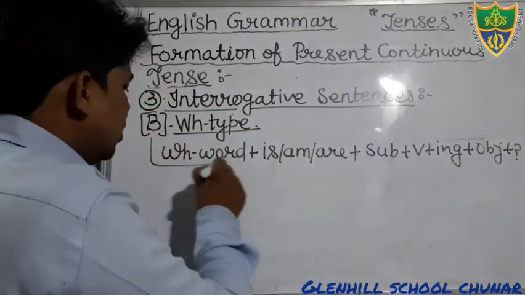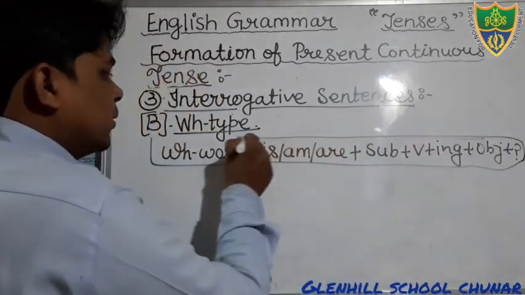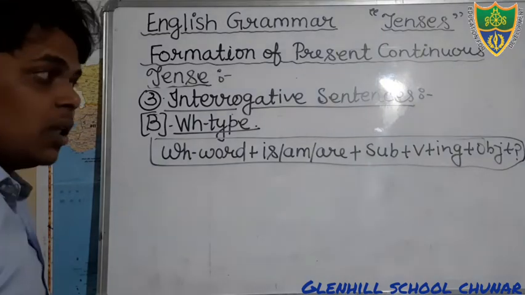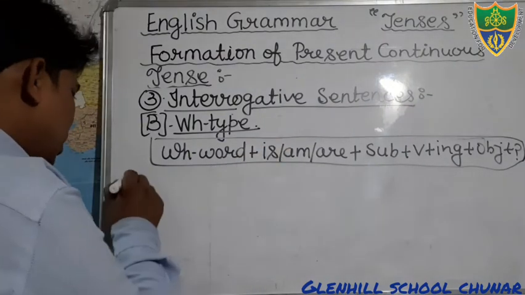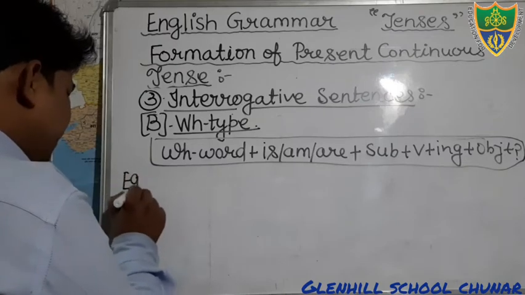This is your structure. Let's see, WH word will be there, then after helping verb, then after subject, then after verb, then after ing, then after object, then after interrogative mark. Okay, example we can see.